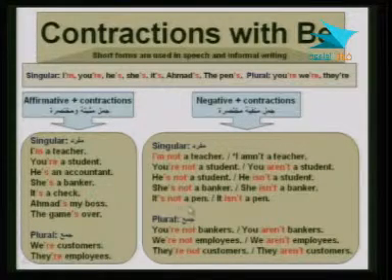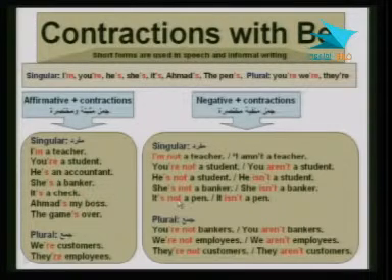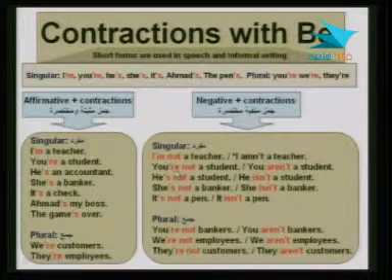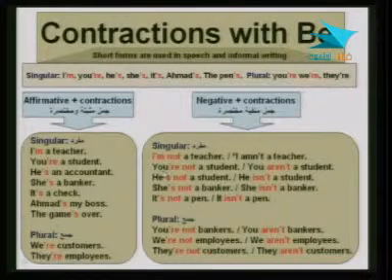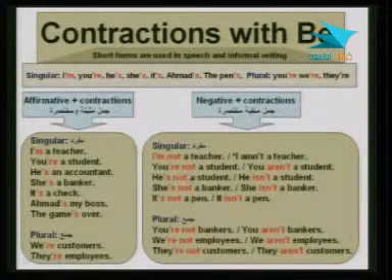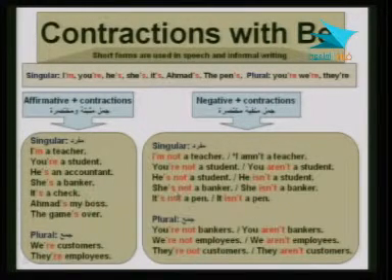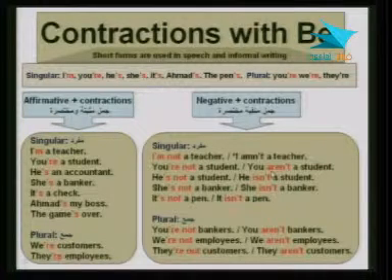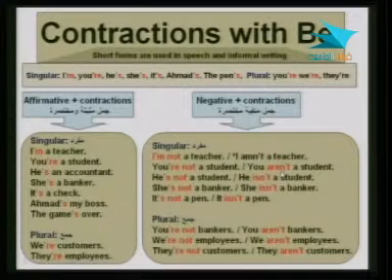And it's not a pen. It isn't a pen. With these sentences, we put the short form of the verb be together with the subject, and then the word not by itself. And in the other form, we put together the verb and the word not to negate sentences.